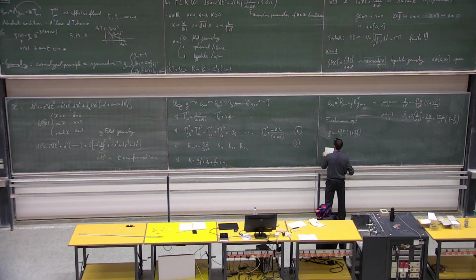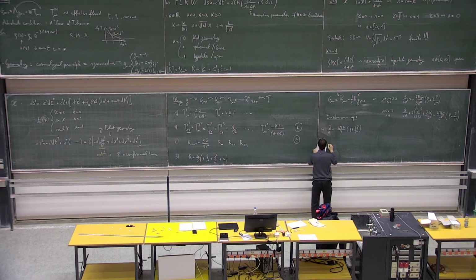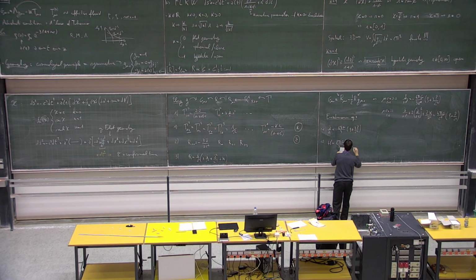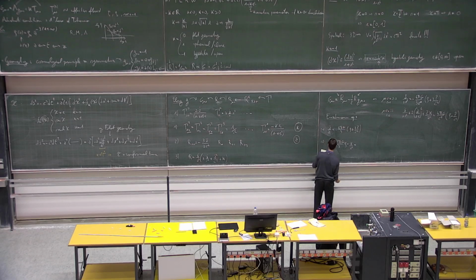And the other one, equation number 2, let me write it here, is H to the power of 2. Now I tell you what H is. 8 pi G over 3 rho minus k over a to the power of 2. Okay? And H is just a definition.